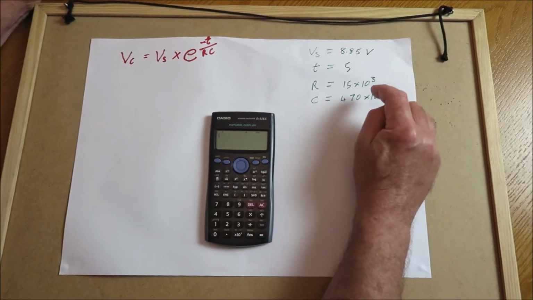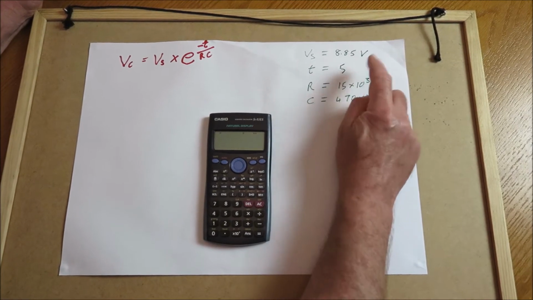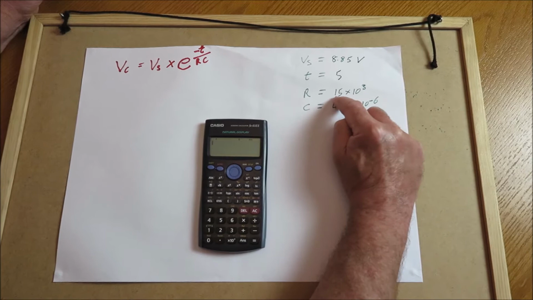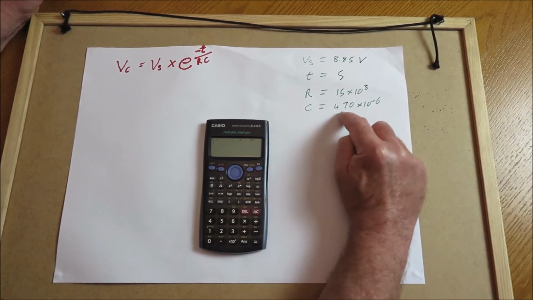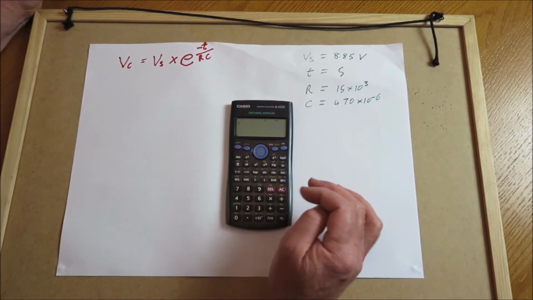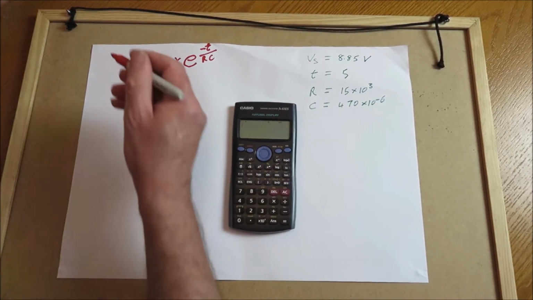So looking at the circuit, the V supply is 8.85 volts. The time is going to be 5 seconds. R is going to be 15 times 10 to the 3, and C equals 470 times 10 to the minus 6. Now what I want to concentrate on as well is how you actually input these into the calculator.